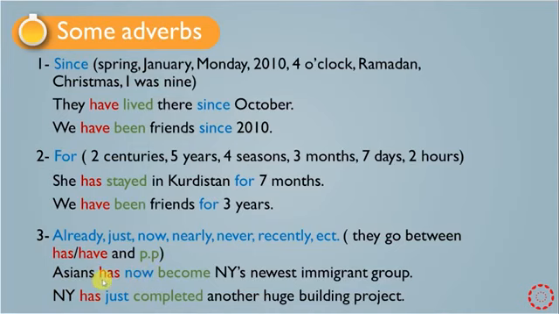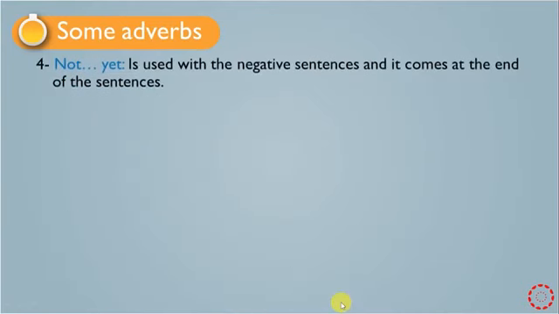Look, now goes between has and the past participle of the verb. And the second example, NY has just completed another huge building project. Just goes between the verb to have, which is has here, and past participle of the verb.